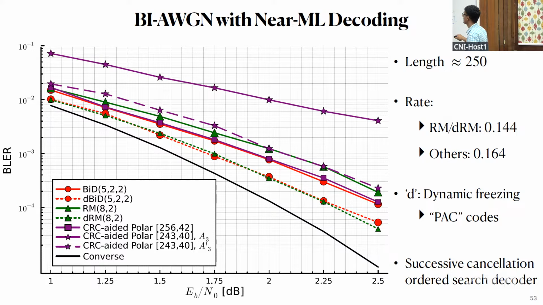The green solid curve there is the closest Reed-Muller code in terms of rate and block length. And there is something called dynamic freezing, which is well known in the polar coding literature. Basically it's a pre-transformation. You do a rate 1 convolutional code and then you encode using your code. If you do that, both Reed-Muller and BID, the green and the red curves, come very close to finite length capacity limits.